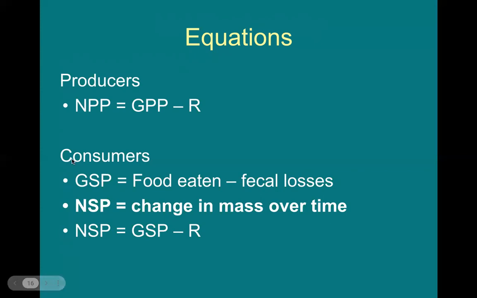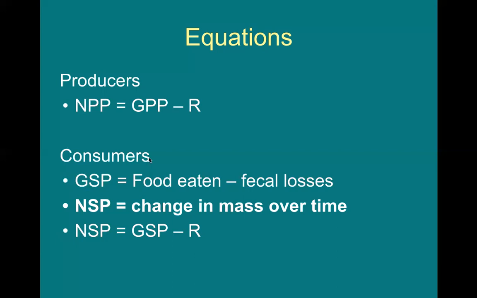So to calculate their gross productivity, we look at the food they take in and then subtract fecal losses, because all the stuff you pass through your fecal system doesn't actually get absorbed into your body. That's all processed later. So you can actually do those calculations in really controlled settings if you wanted to.